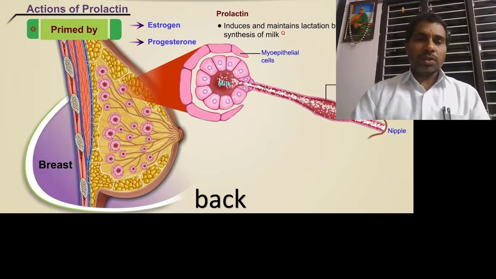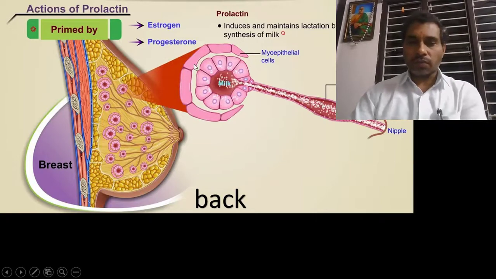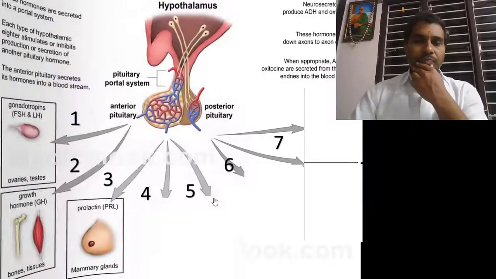These glands are stimulated to produce milk. The production of milk is controlled by this prolactin hormone, so it induces and maintains lactation by stimulating synthesis of milk. This is the main important function of prolactin.